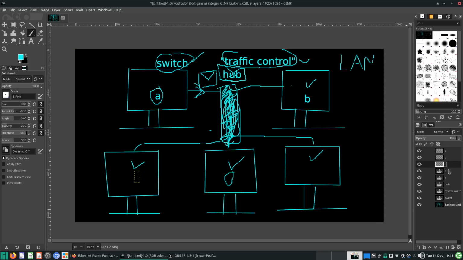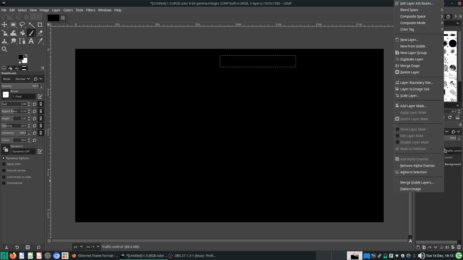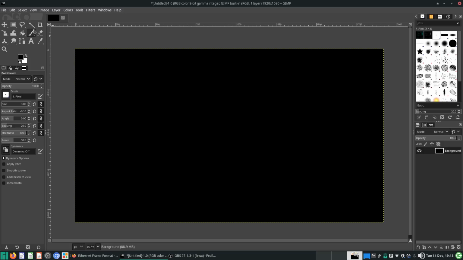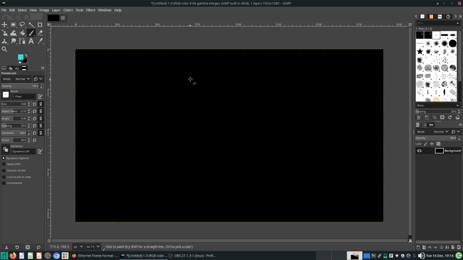So let me just delete all of this, and let's start from a blank piece of paper. Let me use black background and cyan. So we'll have this little switch here, and it's connected to 4 computers.